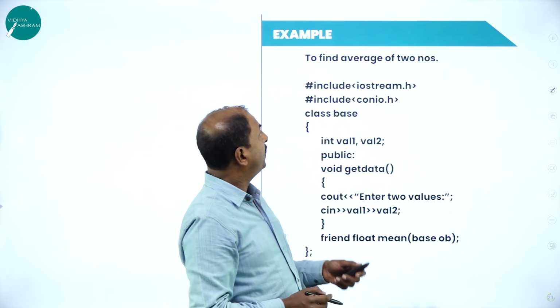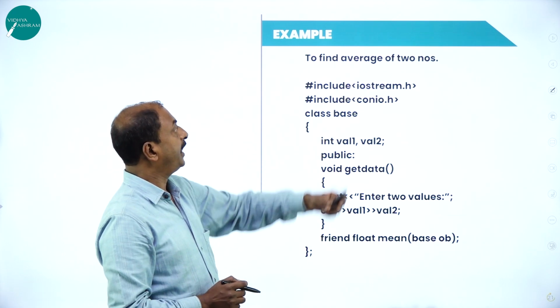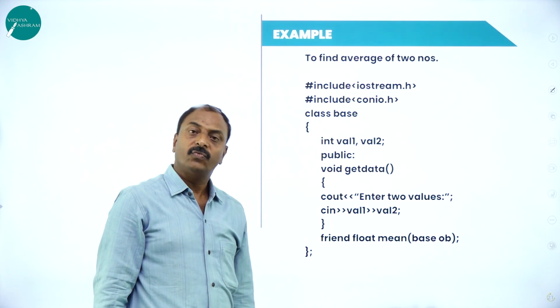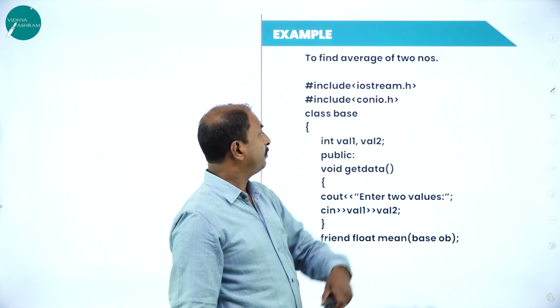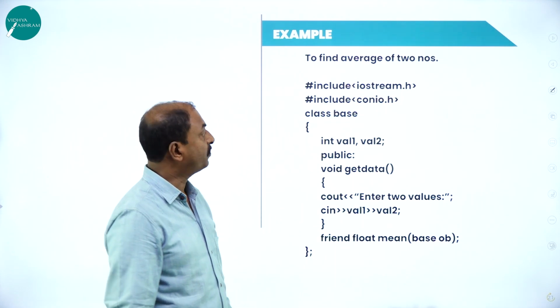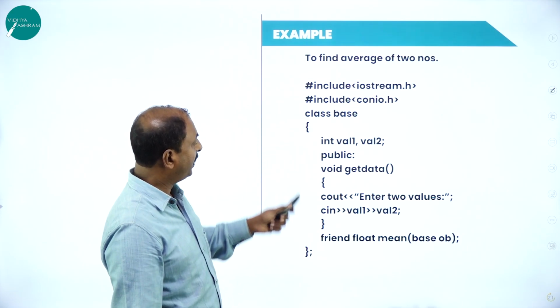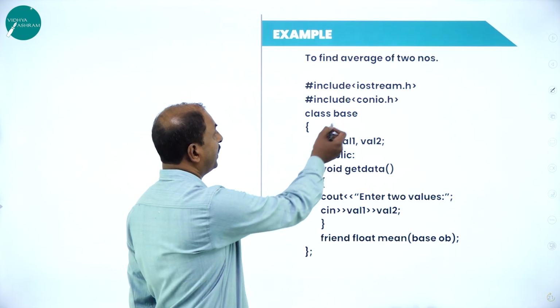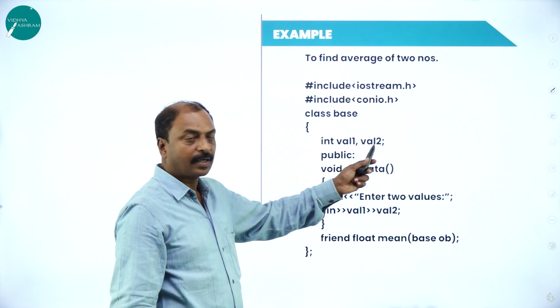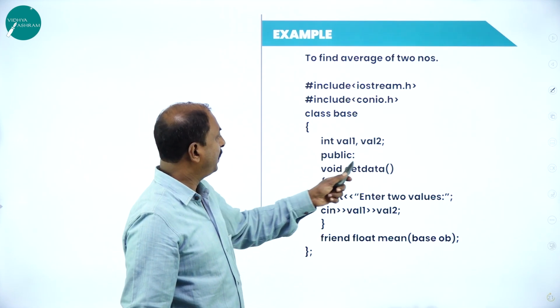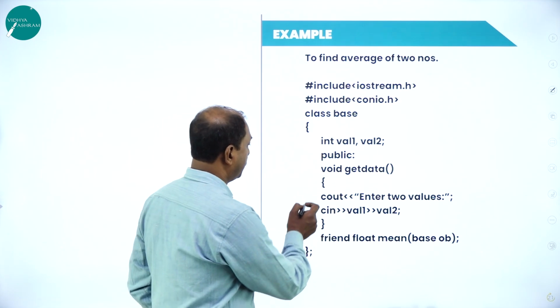Now, after the declaration, let us see an example of how this friend function works, to find the average of two numbers. The program starts with the header files, then defining a class, class base, with two variables int val1, val2, and in public we have getdata as a function.